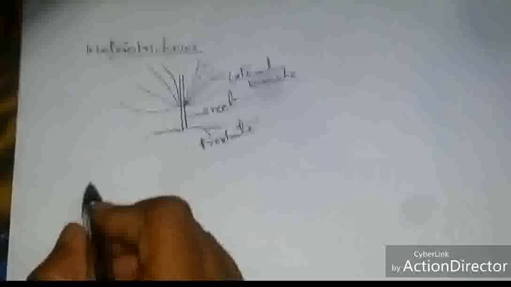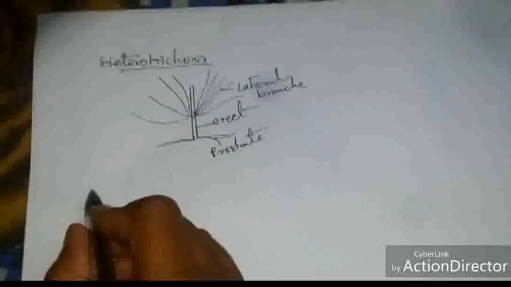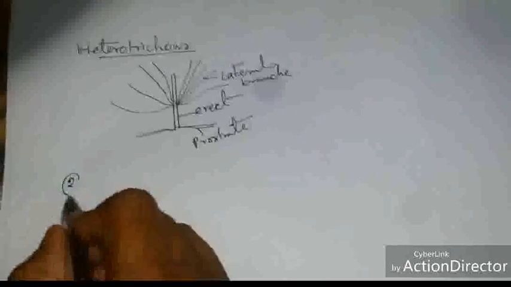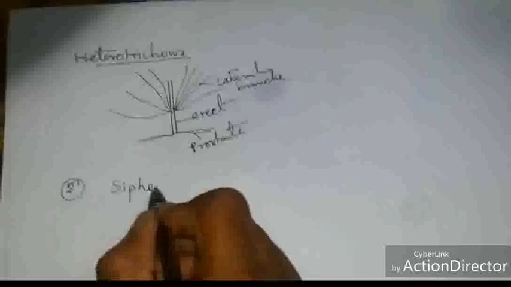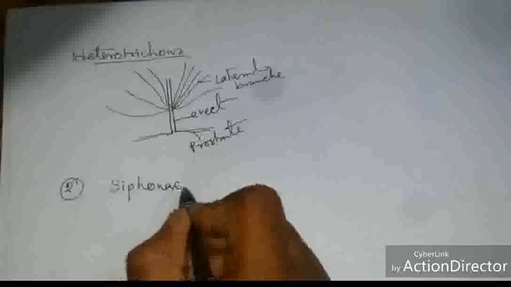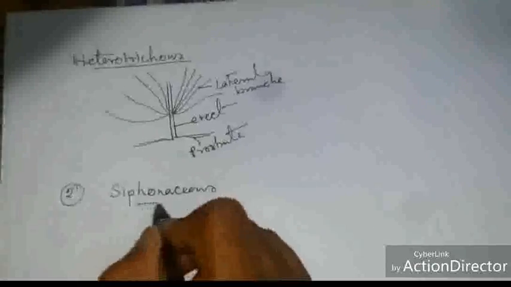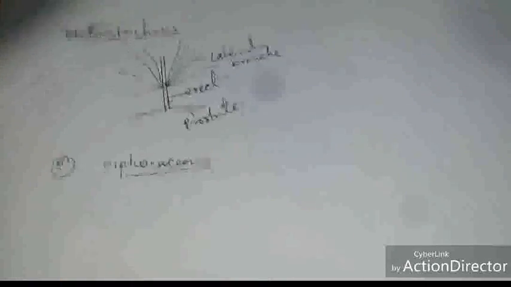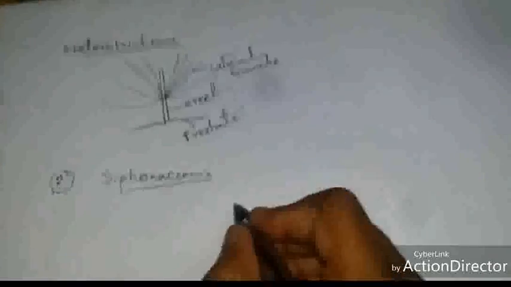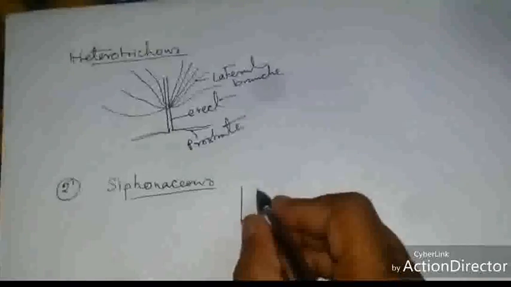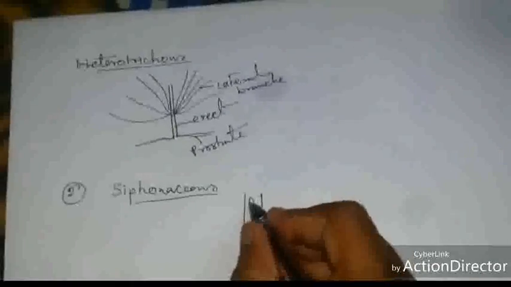Number 2, siphonoceous thallus. Here the thallus is made up of non-septate multinucleated cells.